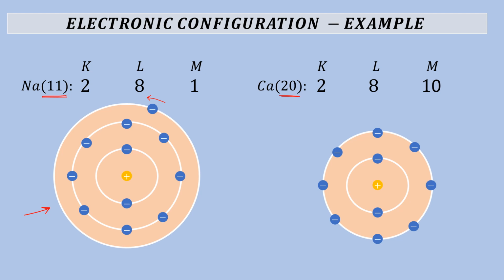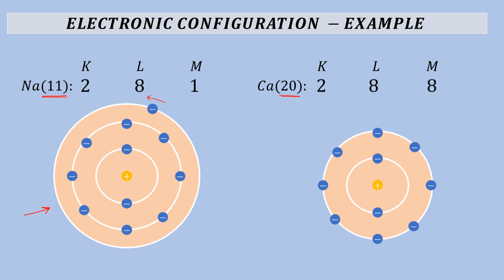Hence, if we are going to fill this shell M with 10 electrons, then this will become the outermost shell. And as per rule number 4, the outermost shell cannot contain more than 8 electrons. Hence, we cannot fill 10 electrons here.